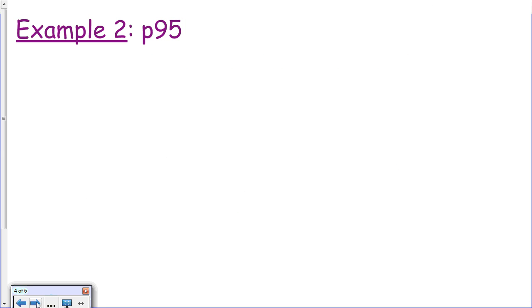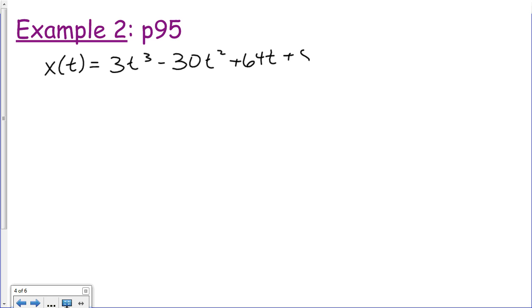Look at example 2 there on page 95 in your book. It says the object in example 1 that they were describing moves in the x direction with the displacement from the y-axis given by this equation. So I'm going to go ahead and write that down. In fact, I'm going to write it in function notation. x(t) = 3t^3 - 30t^2 + 64t + 57.